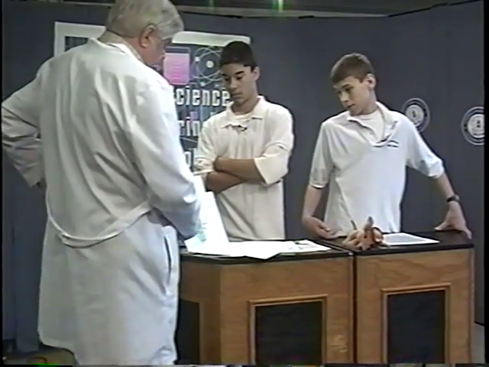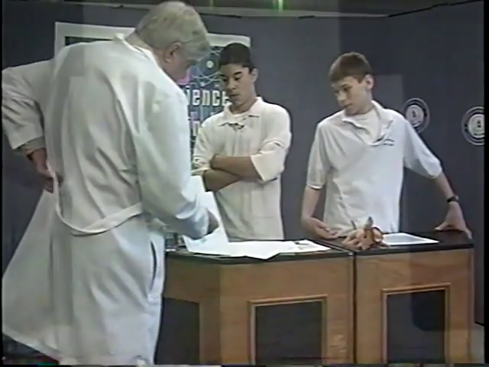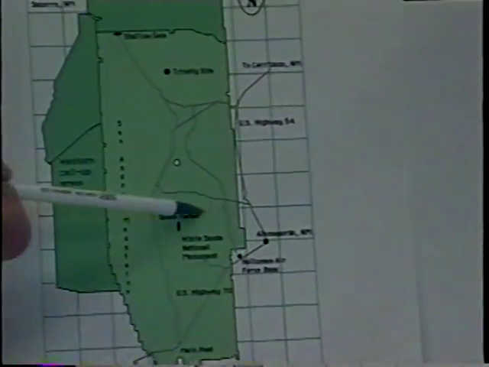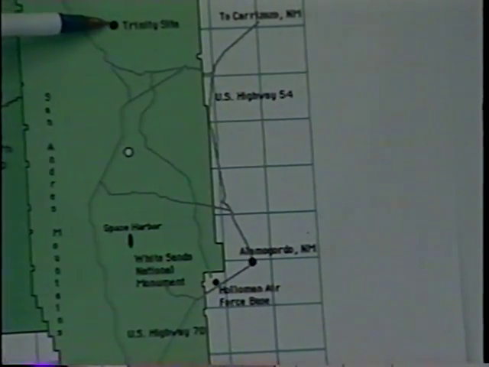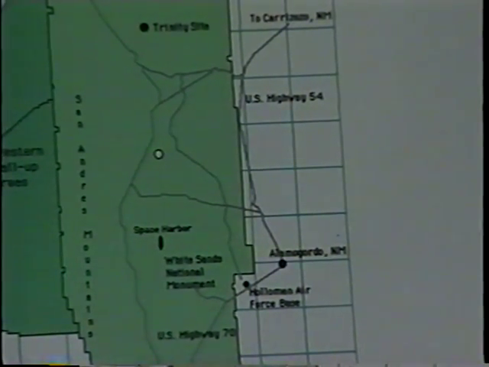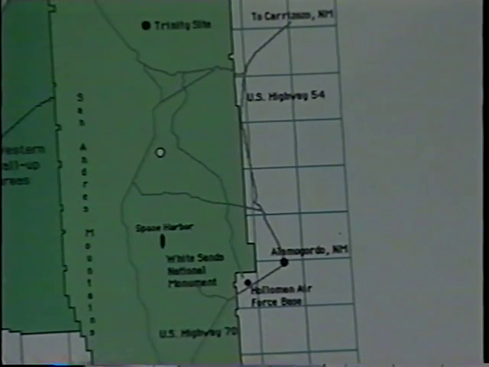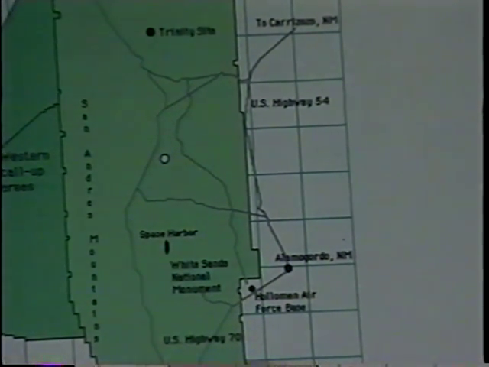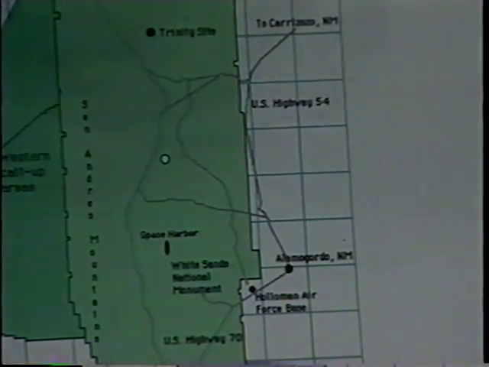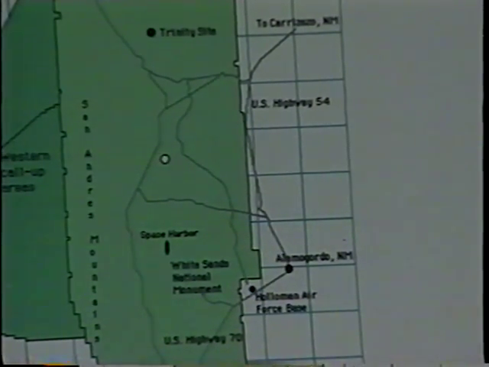Back to the Smithsonian Test Range. Okay. Here's where the National Monument is. Up here, there's something called Trinity Site. This doesn't have anything to do with natural selection, but it's interesting because it's on my map. You know what happened at Trinity Site?